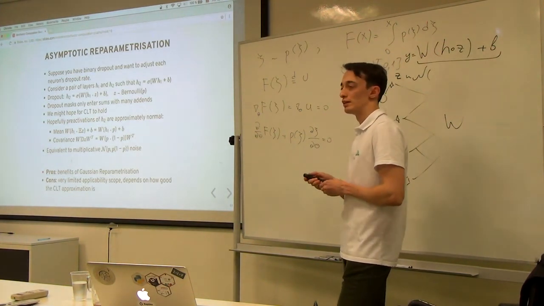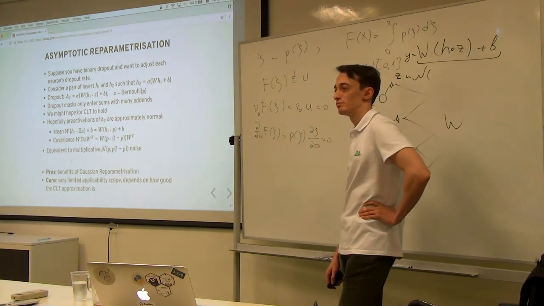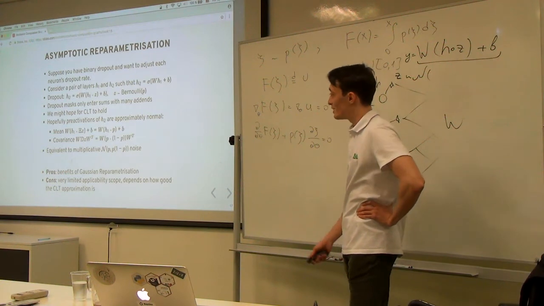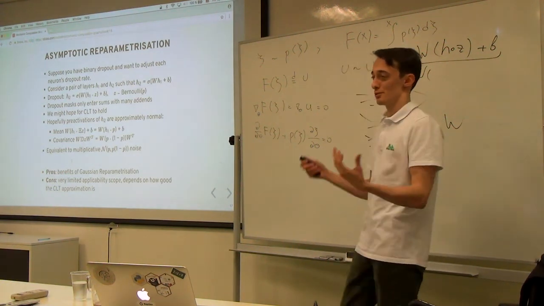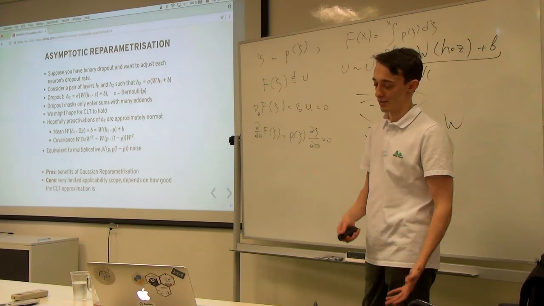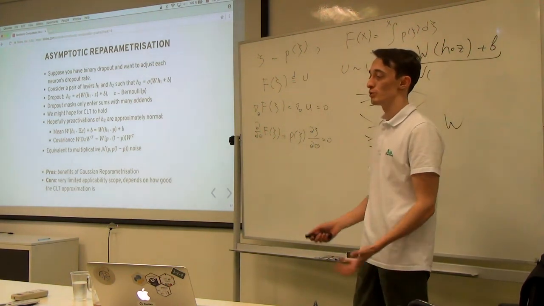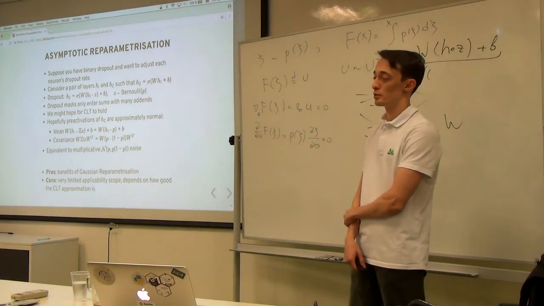Well, this can be regarded as one justification of Gaussian dropout. And it allows you to replace your discrete random variables by continuous ones, for which we already know there is a reparameterization trick.